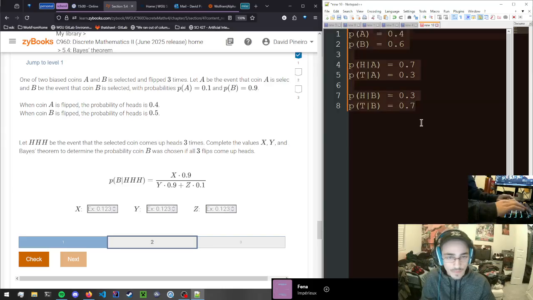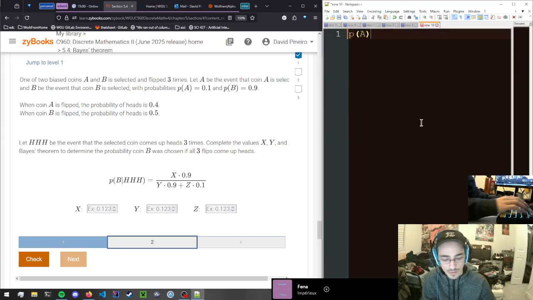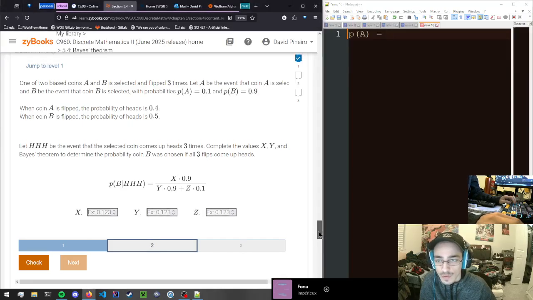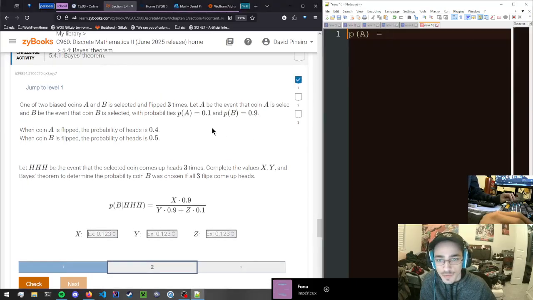Oh, there's a different formulation. Here we have biased coins, and this time they're getting flipped 3 times. Interesting. So I hope these are independent events, which they are, right? Because it's a flipping of a coin.